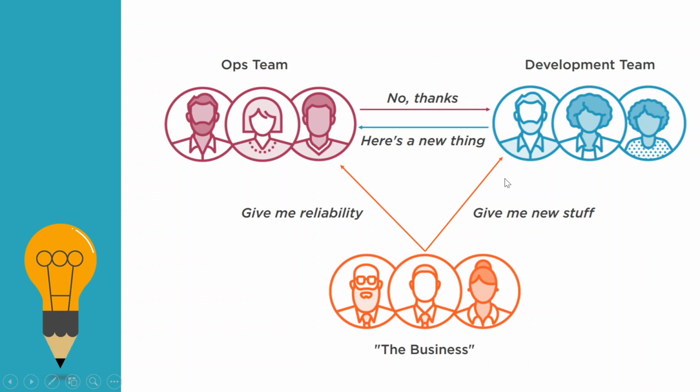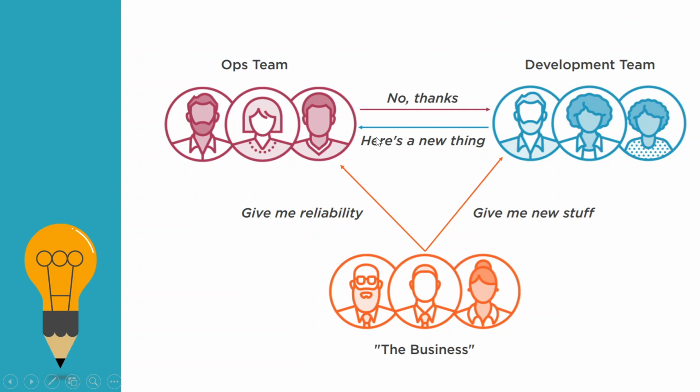And the same business will ask the ops team, give me reliability, how flexible my project is, my API, how much it is handling, how available it is. Give me more reliability. So the development team will give the new things to the ops team for the releases.